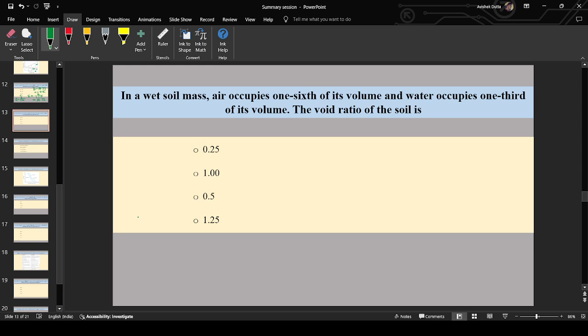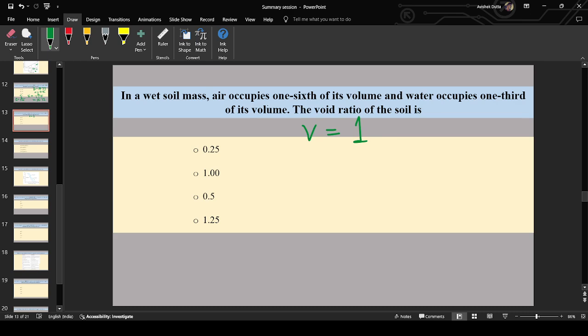As we know, the void ratio can be less than 1 and can be more than 1 also, because the void ratio means the volume of void divided by the volume of soil solids. So in this case, let us assume that the volume of the soil V is equal to 1 first.